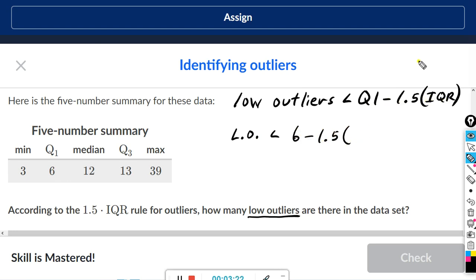IQR is Q3 minus Q1, so in the parentheses we do 13 minus 6.